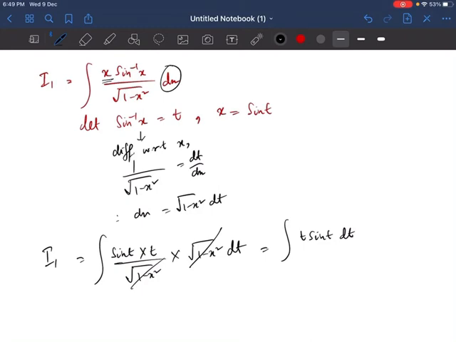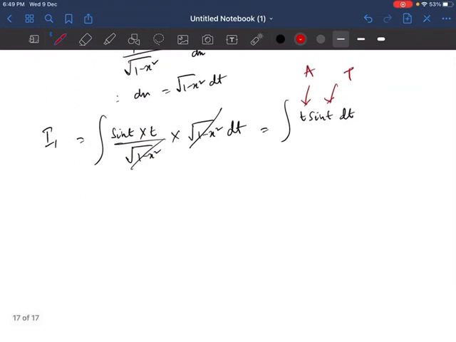Again, t sine t dt can be done by integration by parts. This t represents an algebraic function, just like x, and this sine t represents a trigonometric function. By following the ILATE method, algebraic functions come before trigonometric functions, so I will take u as t.